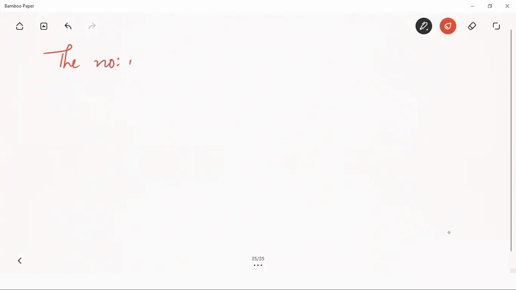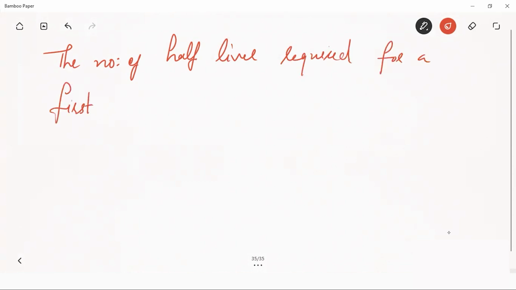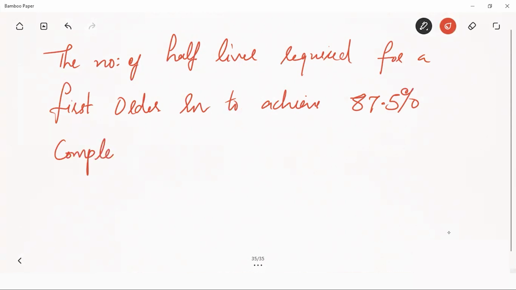You have to find the number of half lives required for a first order reaction to achieve 87.5% completion. Okay, just I will give you some clue.